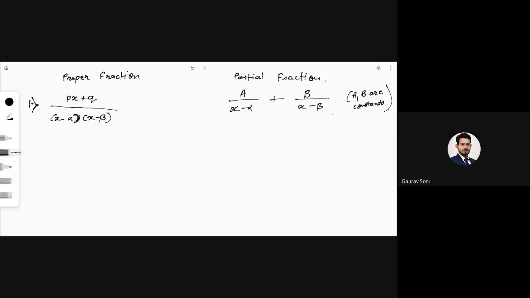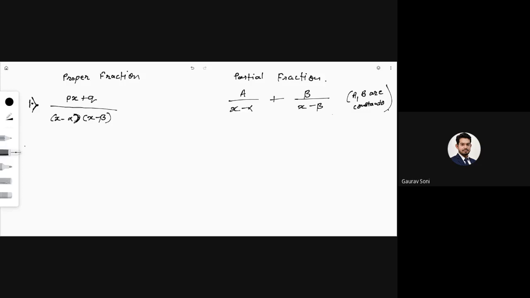So this is what partial fraction says: if you have an equation of the form px plus q upon x minus alpha, x minus beta, then I can write it down as a upon x minus alpha plus b upon x minus beta. Am I right? Hopefully it is clear.